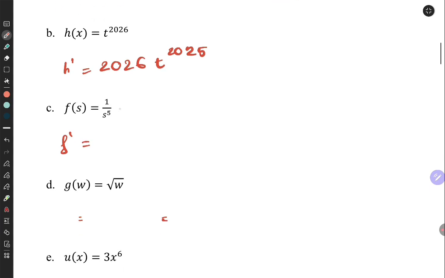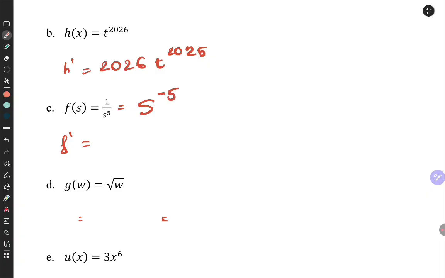Okay, before I do the derivative, I want to rewrite that one. Rewrite that one. What would be the exponent in this case? Just rewrite that, not the derivative. I want it as x to the power of something. That would be negative 5. Right, exponent.